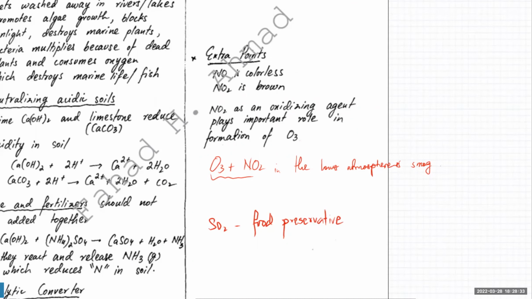And it also acts as a bleach because it's a very good reducing agent. And it bleaches wood pulp for making paper.